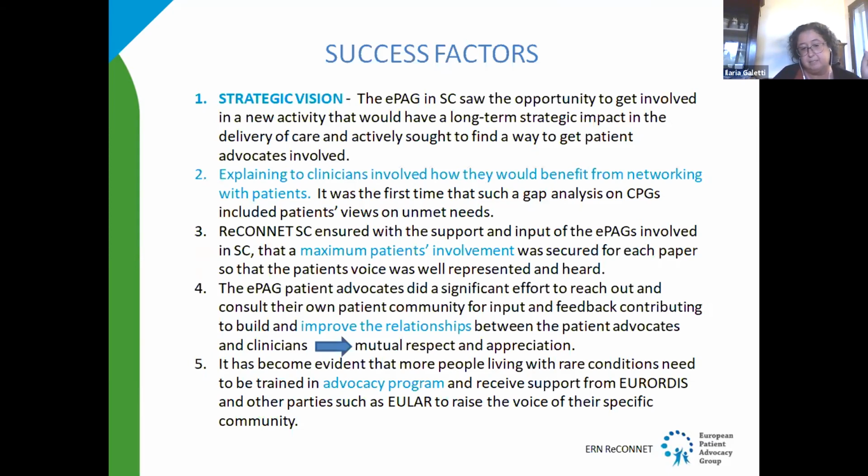Not the first time for unmet needs, but the first time for the patient view on them, which is quite different because we brought our perspective. And honestly, for some of them it was the first time of such a collaboration, but we have a very good and sensitive ERN coordinator.